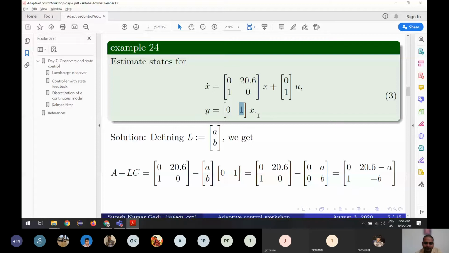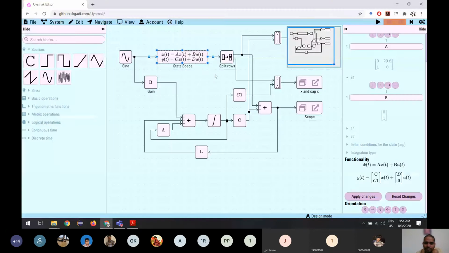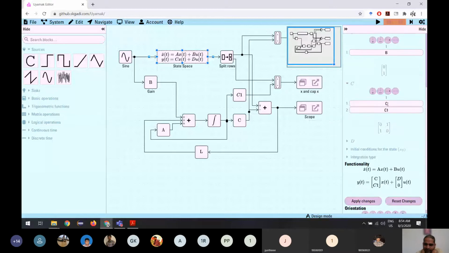But to compare with the results we are receiving, I took both. So how do I get that? C is C1, C2. The C is exactly like what we have, and the C1 is 1, 0. What does 1, 0 mean? We take only x1. So the output we have is x2, x1.